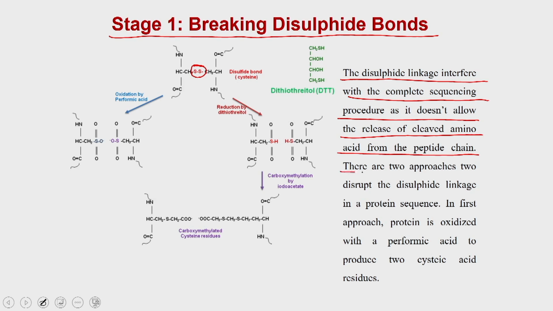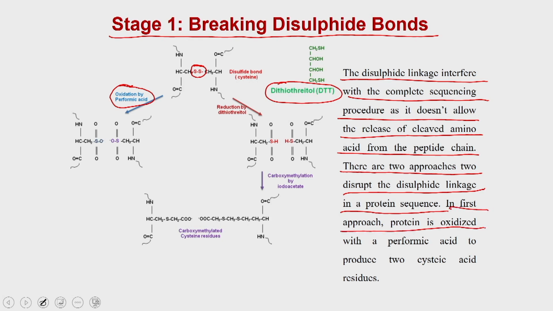So, there are two approaches to disrupt the disulfide linkages in a protein sequence. In one approach you use the performic acid oxidation, and in the other approach you use DTT. In the first approach, the protein is oxidized with performic acid to produce two cysteic acid residues.